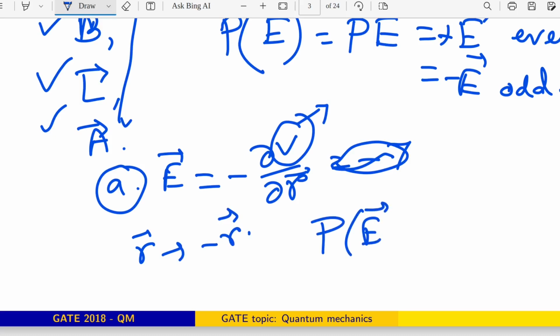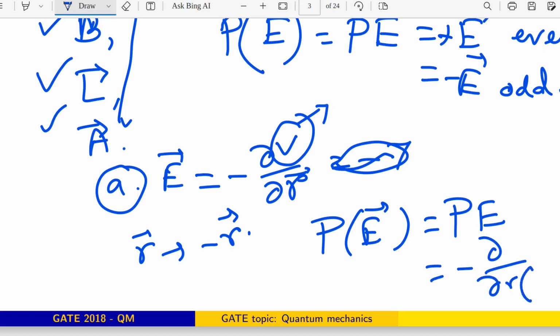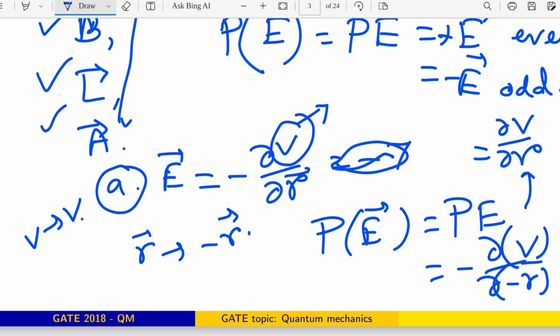That means we are going to operate P on E. Then what will happen here? Del r becomes minus r, and under parity V remains as V, so there is no change in V. You can see from that expression that it will become del V by del r, which is nothing but minus of E, right?